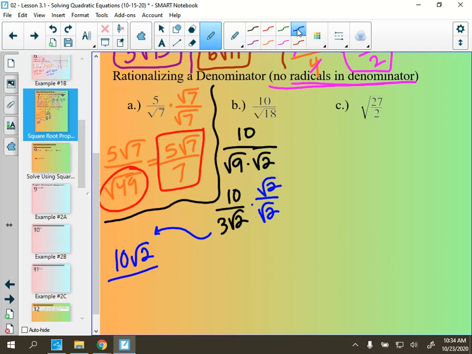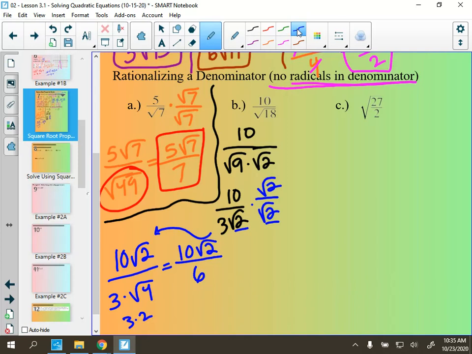What happens on the bottom? It's 3 times the square root of 4. That's what happens with this square root of 2 and 2. They get turned into the square root of 4. So maybe in a second step, or a third or fourth, whatever step we're on here, I write this as 3 times the square root of 4, which is 3 times 2, which ends up being 6.